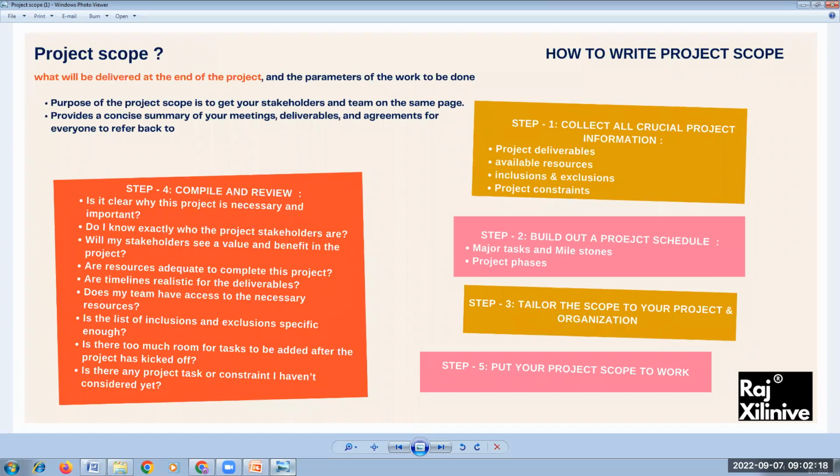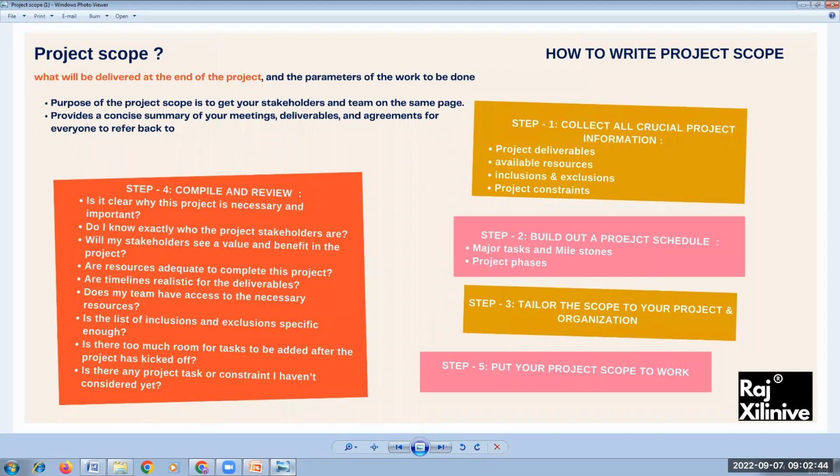Last but not least, the fifth step is that you need to put your project scope to work. So this is how generally we have to define the scope of the project. First, you need to collect all the crucial information. Next, you need to create a project schedule, where the major tasks and milestones you want to achieve, followed by the project phases, should be included.